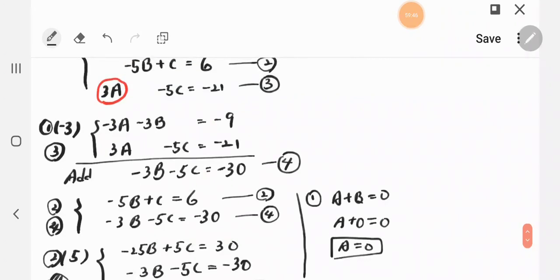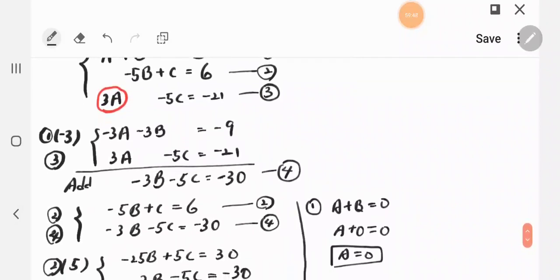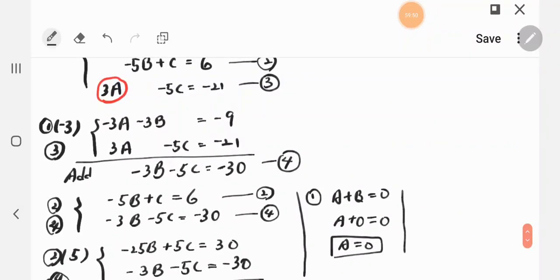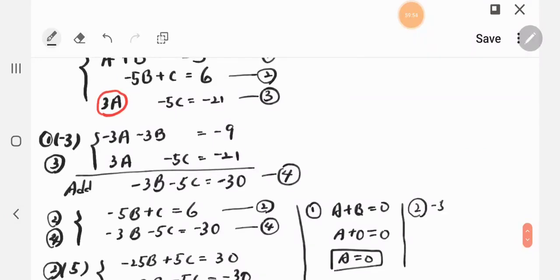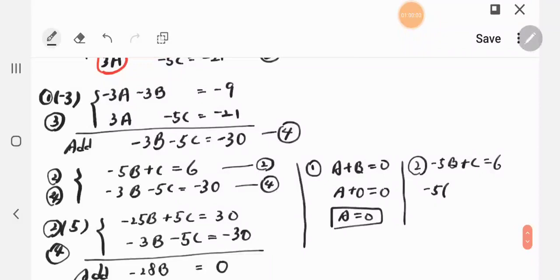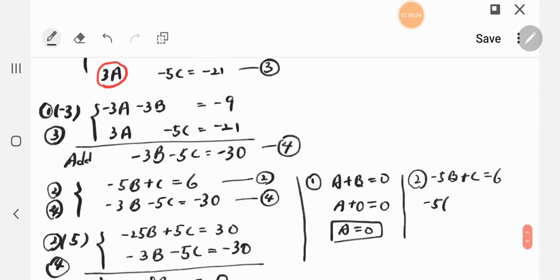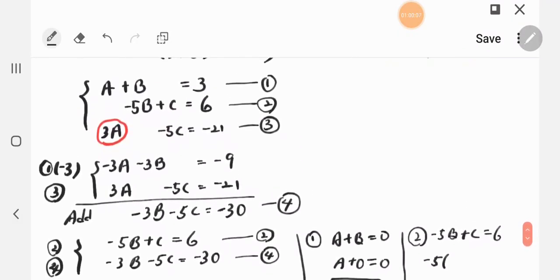Okay, then let's find c. Let's use equation 2 to find c. Negative 5b plus c is equal to 6, and since b is 0, oh, wait a minute. Why do I keep writing this 0?